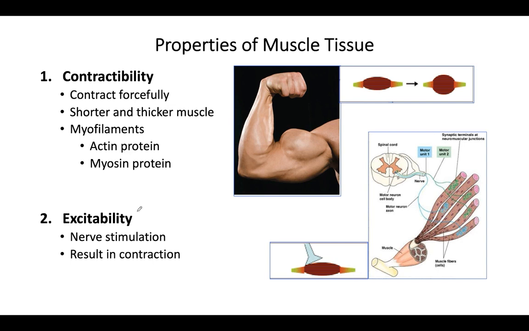Another property of muscle tissue is excitability. Excitability is the way the nervous system communicates to muscle tissue. Muscle responds to stimuli.